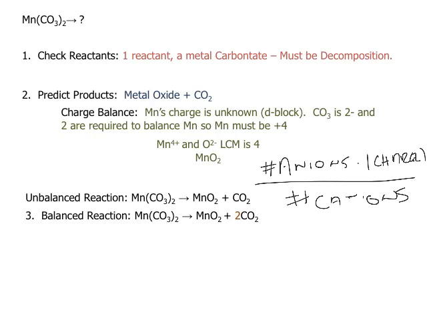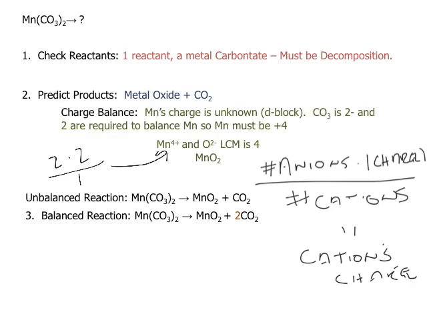And that's going to get you your cation's charge. So in this case, we had to look at this and say, okay, I've got two carbonates. Each of those is a -2 charge, and that's being balanced by one manganese. Therefore, manganese is +4.